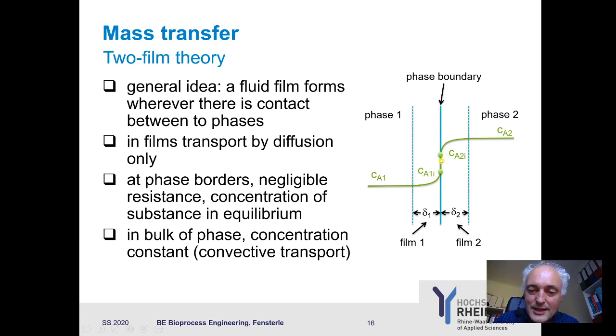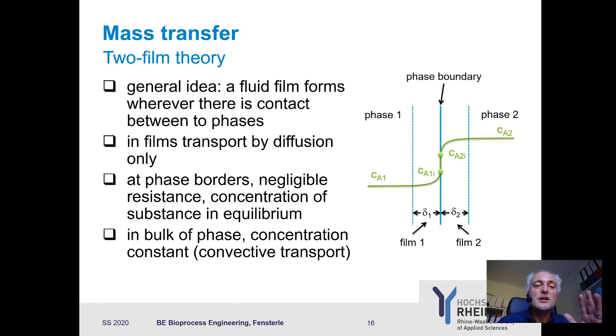And directly at the phase boundary I have, let's say, a step, and how this step looks depends on the system. We will talk about that. The concentration of the substance here is, of course, an equilibrium. That's clear, and how this equilibrium looks depends on the system we are talking about.